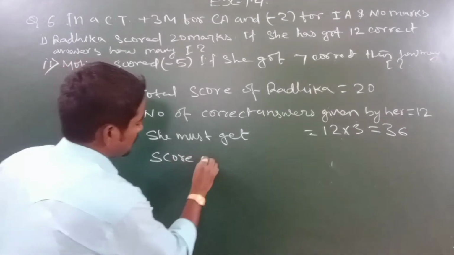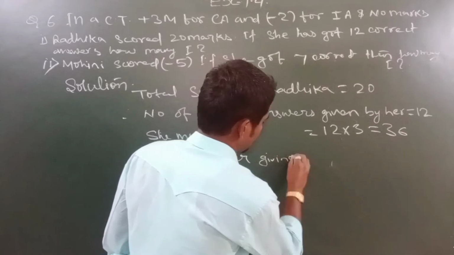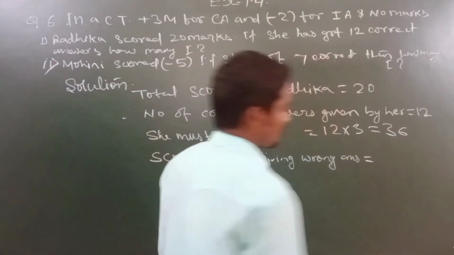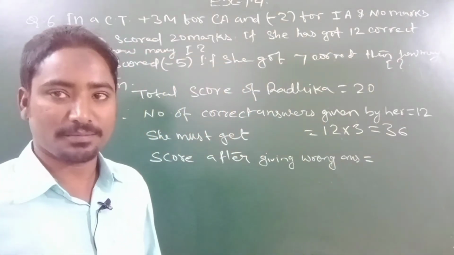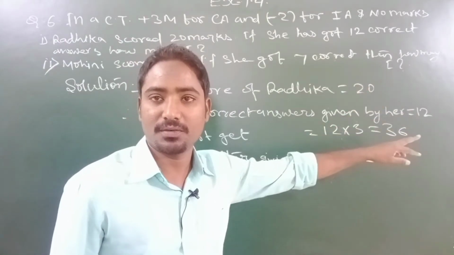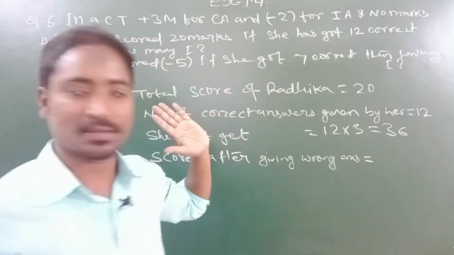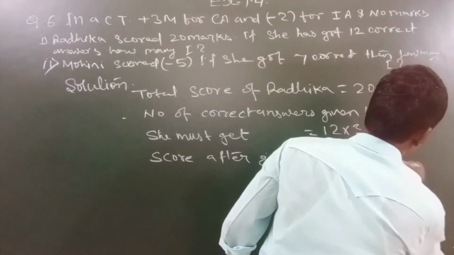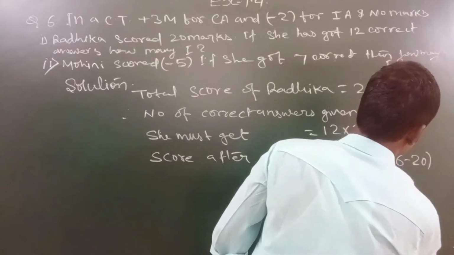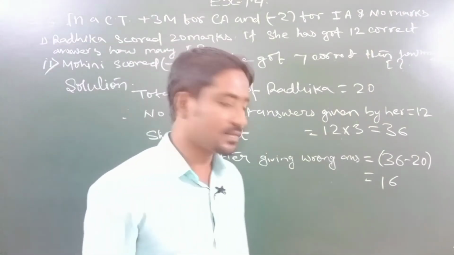That is the score lost after giving wrong answers. Whatever the difference in marks, those marks are deducted for giving wrong answers. So we subtract 20 from 36, and we get 16.